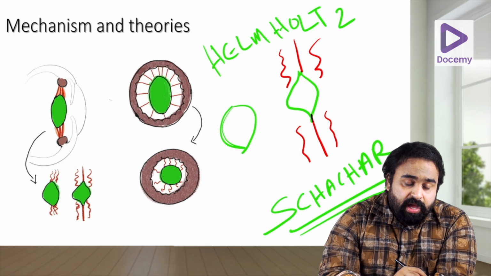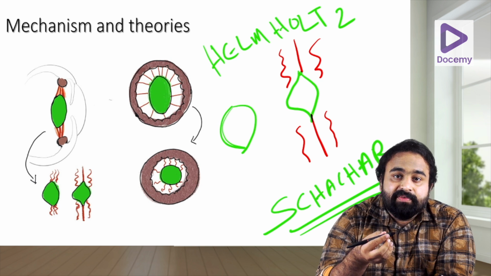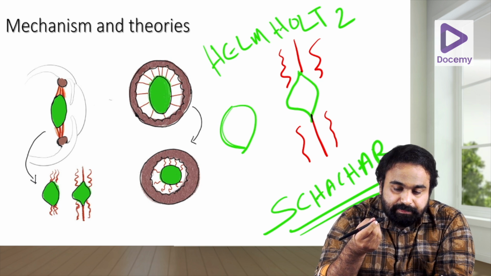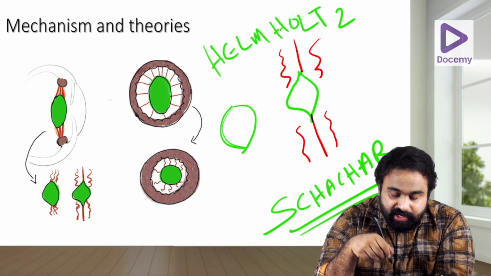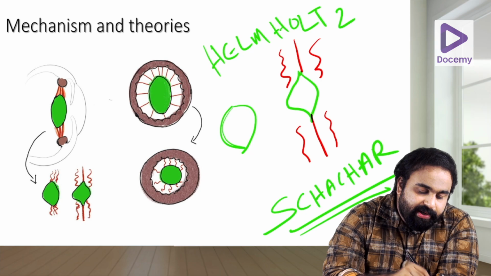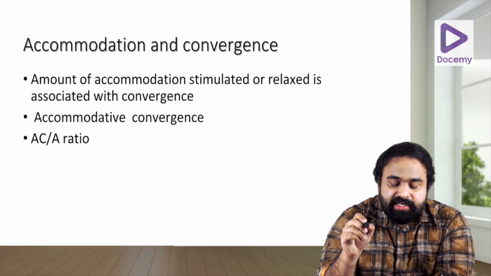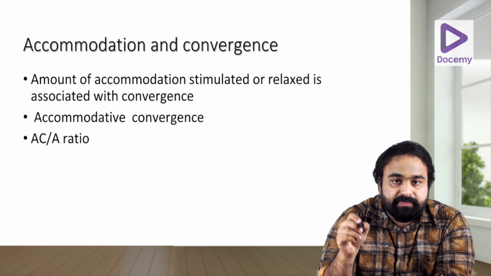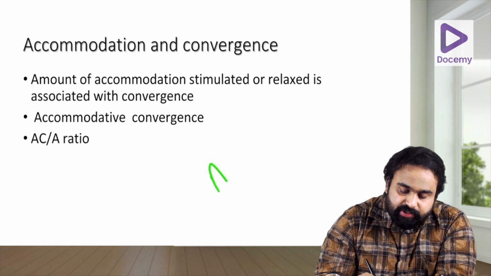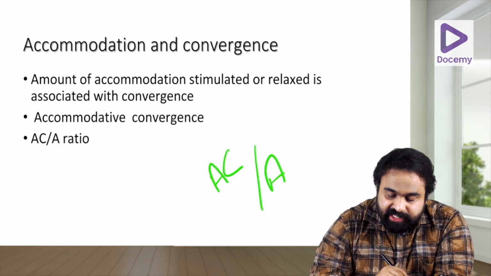And for seeing near with accommodation, we need the convergence act also. That is a part of the accommodative reflex. So the eyes should be converged to see near. So there is a relationship between accommodation and convergence. The amount of convergence associated with accommodation is denoted by accommodative convergence by accommodation, or AC by A ratio.